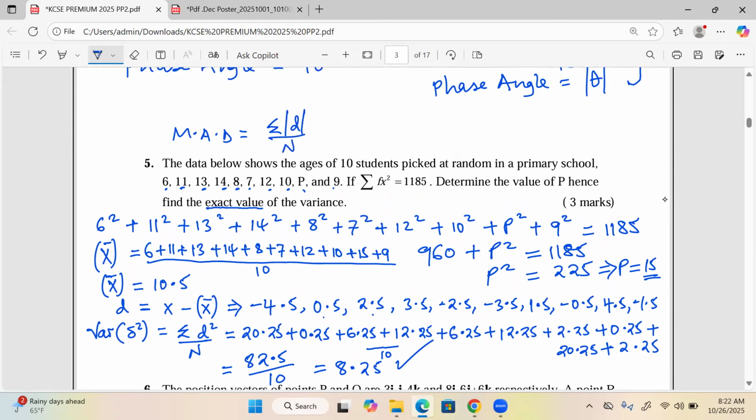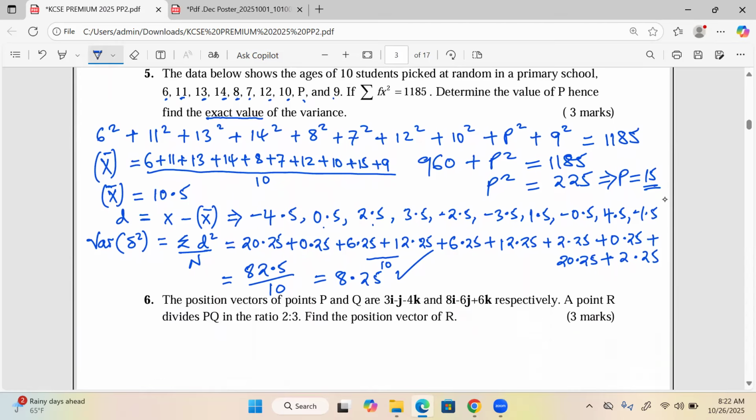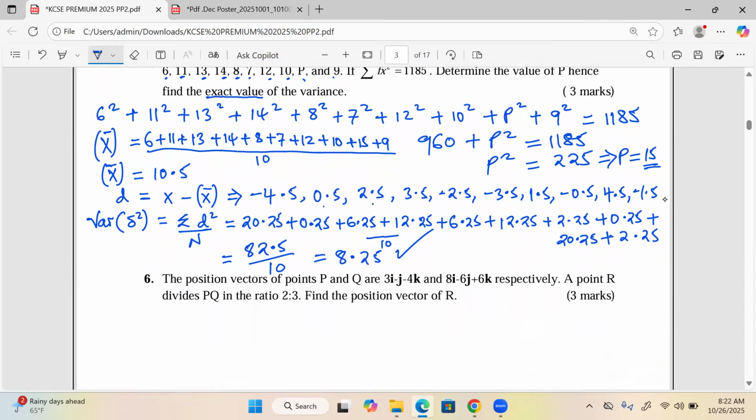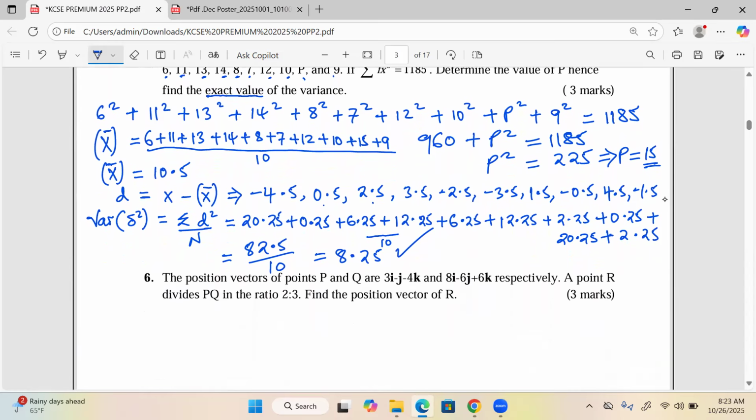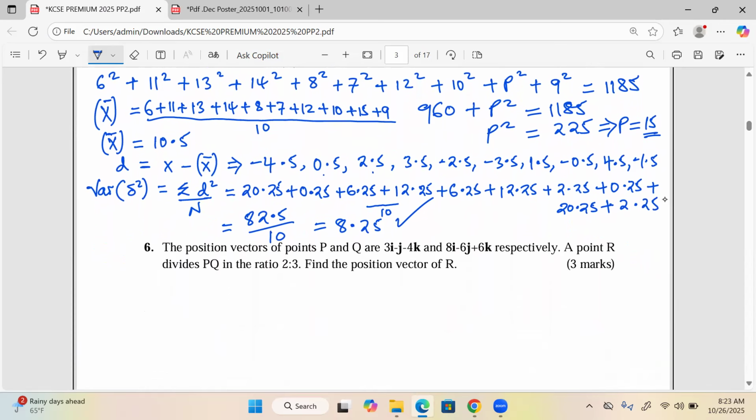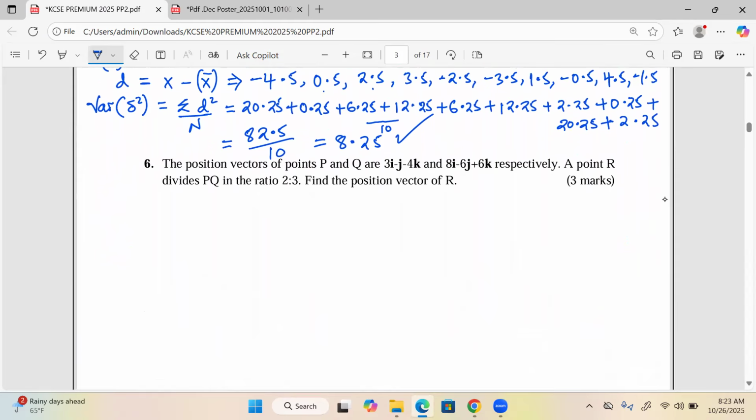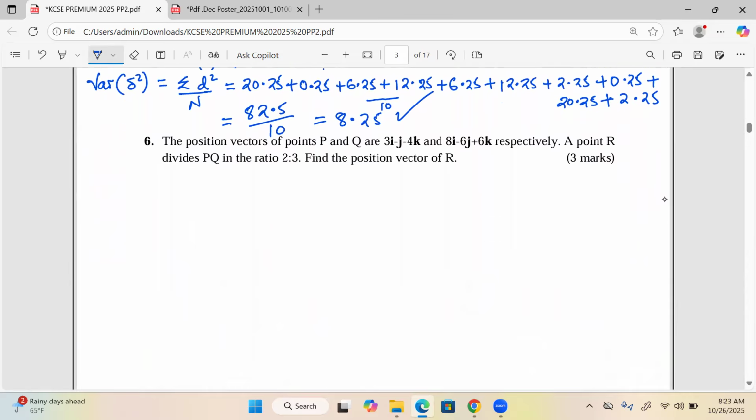So you add the deviations that we got regardless of the sign. If it's negative 4.5, you just take 4.5 like that. You add all the absolute values, then you take their mean. You'll have gotten mean absolute deviation.